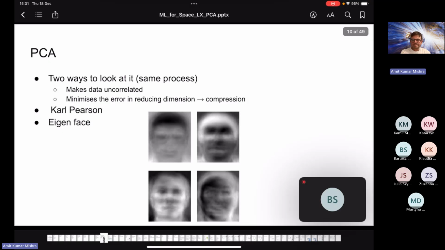For face recognition, they found that the first two principal components, even though they corresponded to the two largest eigenvalues, were not very helpful in recognizing the face. After lots of heuristic studies, they found that the first two principal components, physically speaking, represent the length and the width of the face.